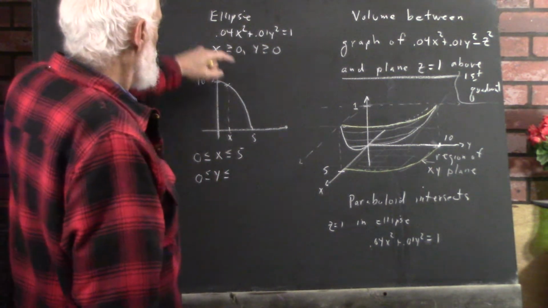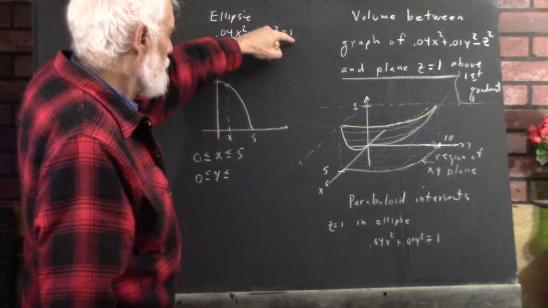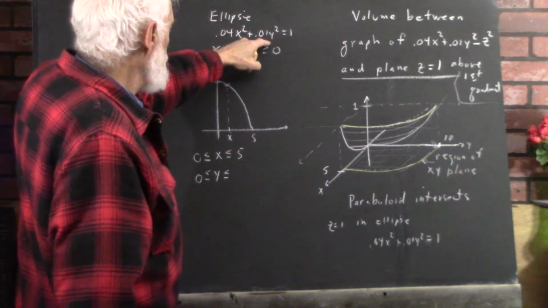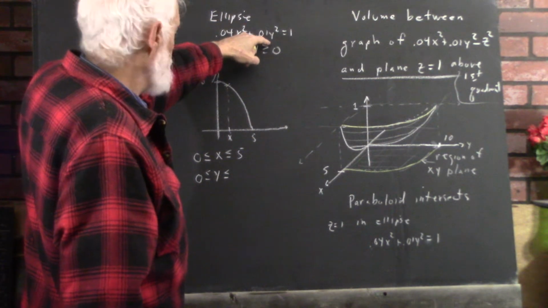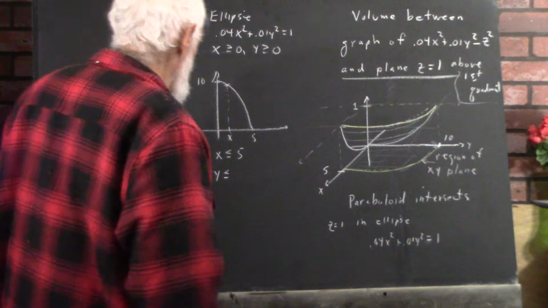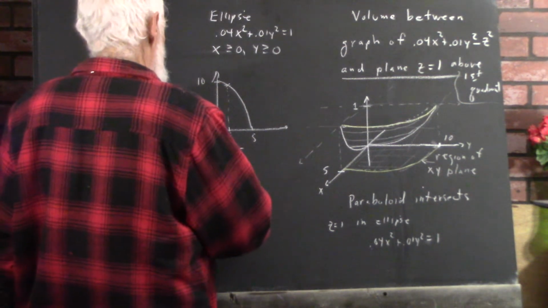Okay, well, we know that 0.04x squared plus 0.01y squared equals 1. So if we solve that for y, we find the y-coordinate at which this vertical line intersects the curve of the ellipse.